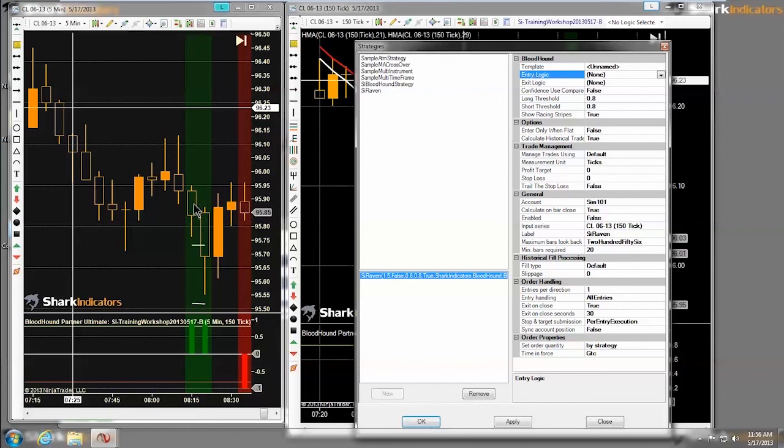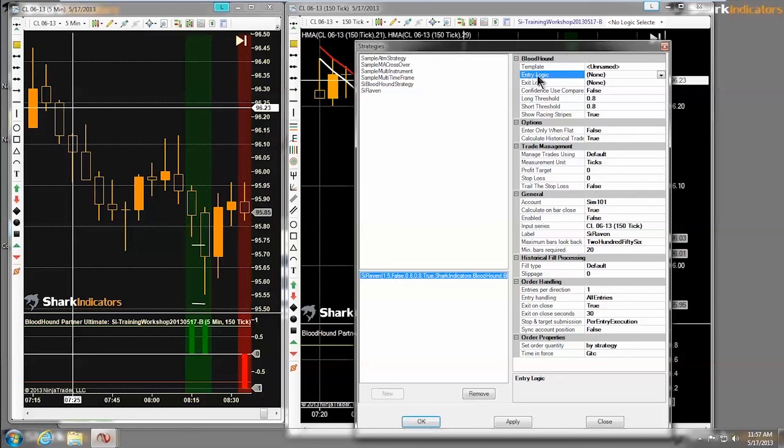And of course if you're long from these long signals and then all of a sudden you get a short signal, obviously in order to open a short position you have to close out the long positions, and NinjaTrader manages all that on the back end automatically.